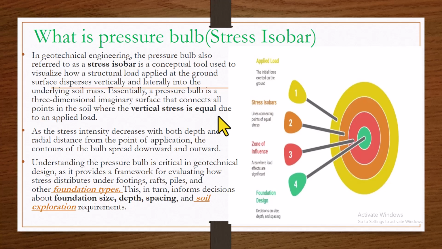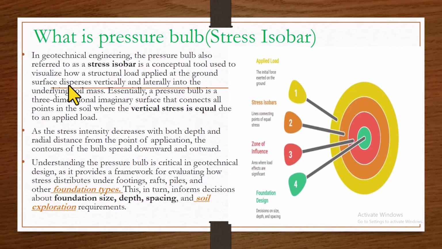Then also, when you look at another word here that I didn't explain, it talks about disperses vertically. Disperses is another keyword. It means that as you go down the soil, you discover that the amount of load being felt will become lesser. Let's say you have the footing at 2 meter, then the one immediately at 2 meter, we feel the most stress.